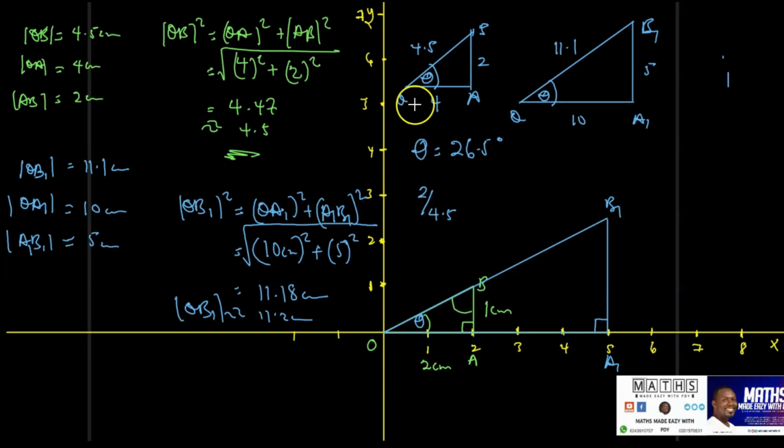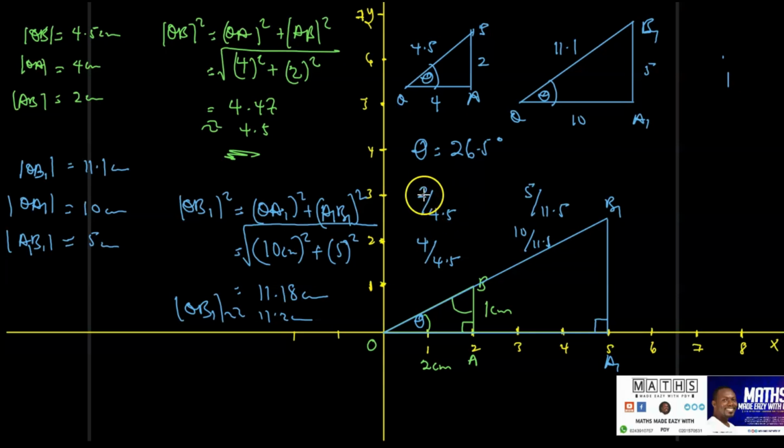Another ratio that we have here is 4/4.5. Now, its equivalent ratio on the second diagram is 5/11.1, and the other is 10/11.1.